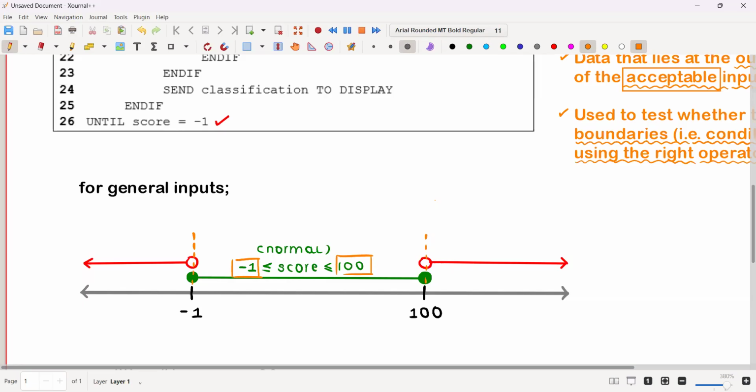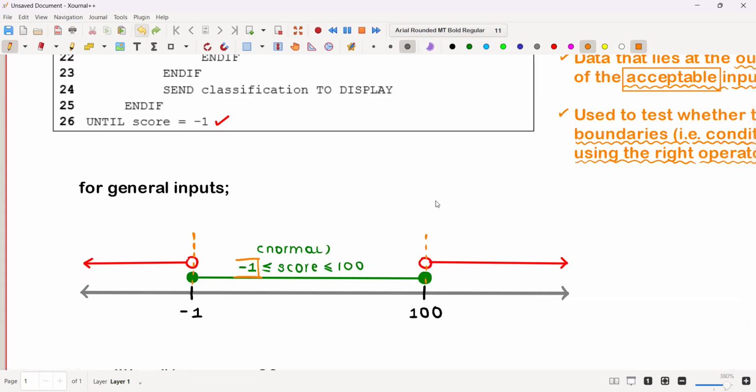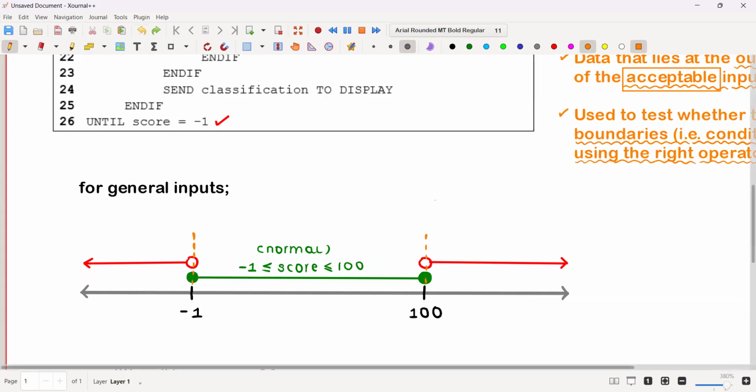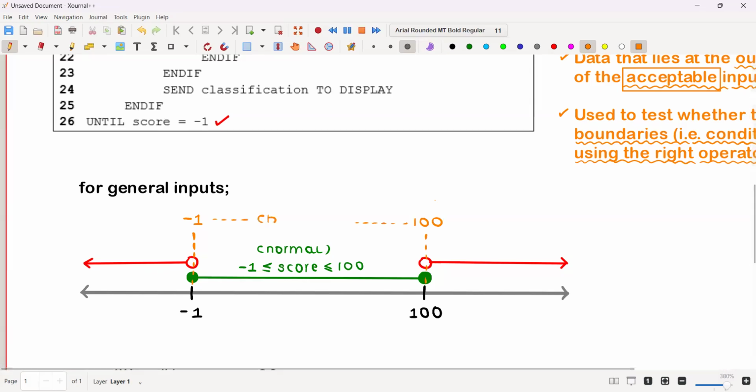And are they on the edge of the range? Is -1 the smallest acceptable value, and is 100 the largest acceptable value? Yes. Therefore, these two values become our boundary values. So keep in mind, -1 and 100 are our boundary values.